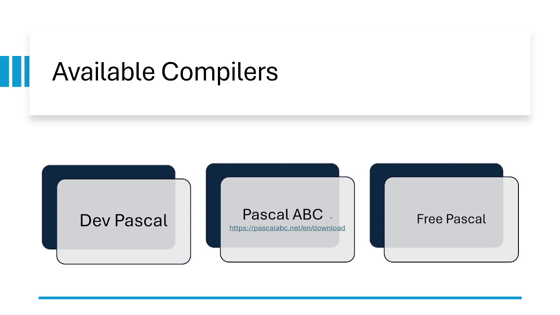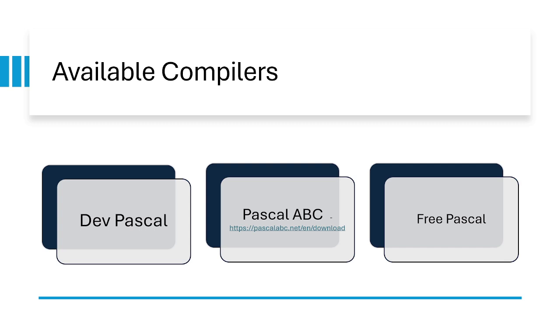We have Free Pascal, which is another quite popular program. And I teach my students using PASCAL ABC. It's not common on the market, but I see it as one of the simple interfaces that students have used and they just run with it. All right. And I even put the link here.